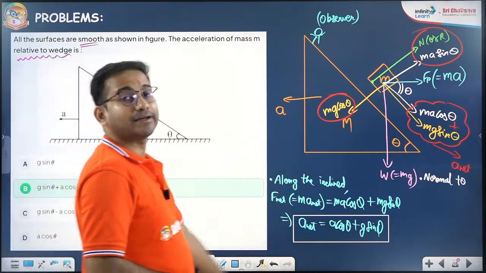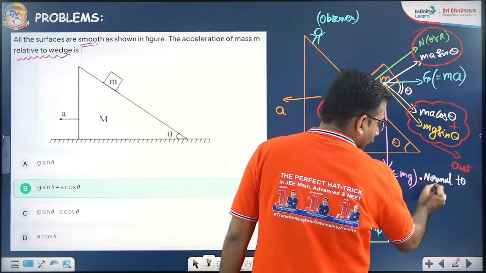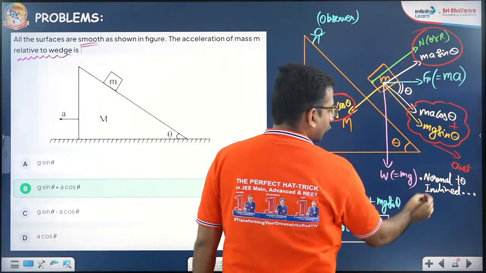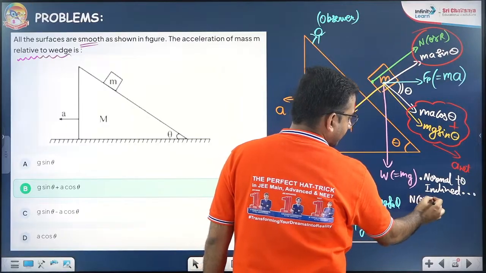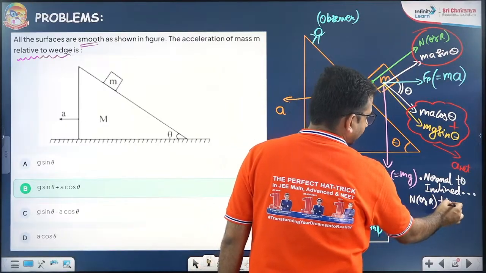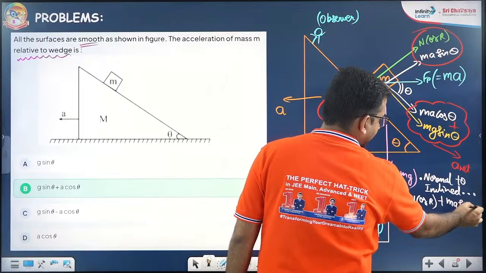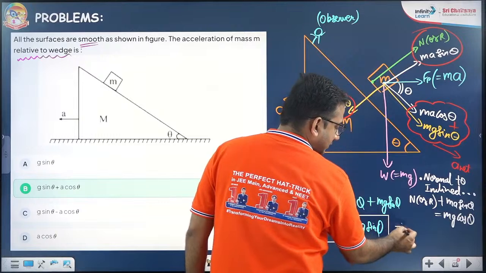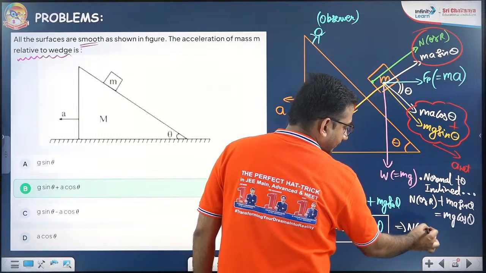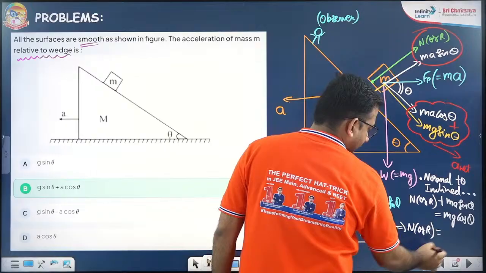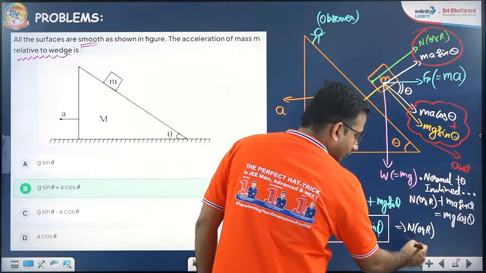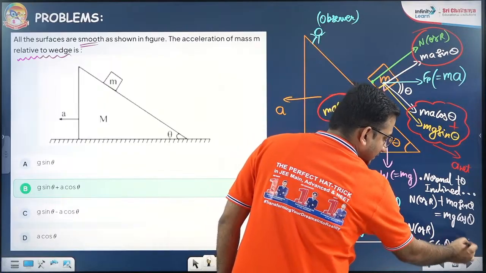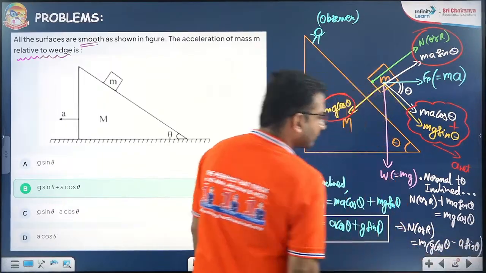What other things can they be asking for the NEET exam? Normal to the inclined plane, I will say the normal reaction N or R plus MA sin theta will be equal to mg cos theta. This implies if they ask the normal reaction N or R, that will be equal to m times g cos theta minus a sin theta.